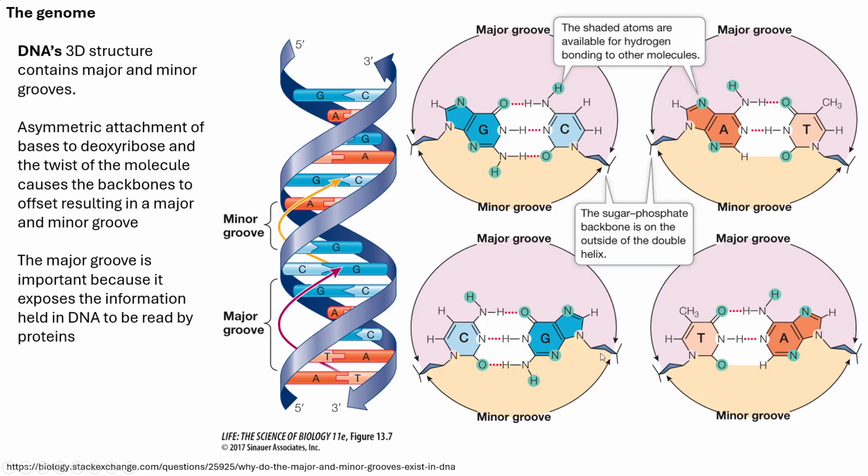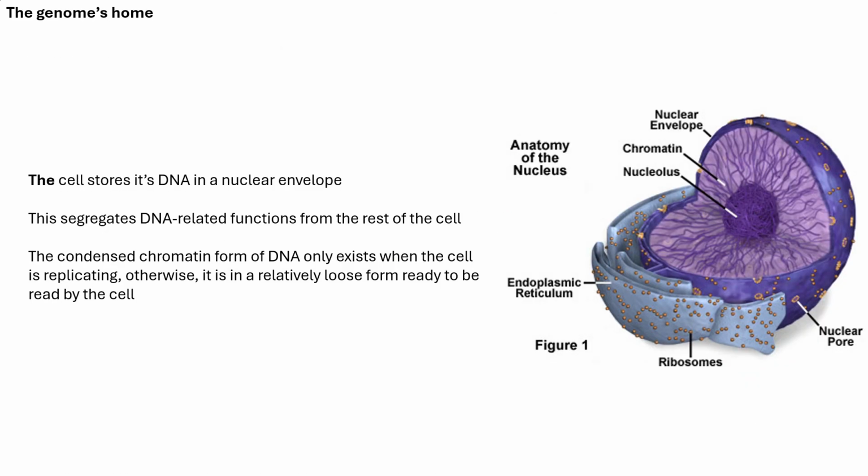And again, this is because these sugars are anti-parallel, and that puts a kink in your DNA strand. The effect of this is that you have this major groove here, which is really important because you're exposing this information held in the DNA, which can be read by other proteins. So this is how the cell can actually read the DNA without opening it and stick some proteins in there to facilitate biology or use the information.